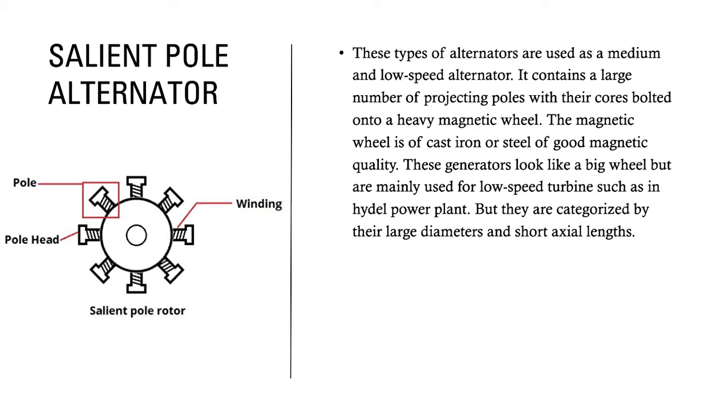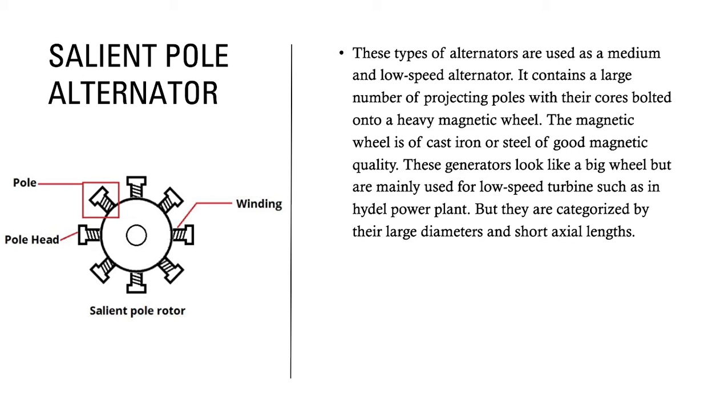So the salient pole alternator is an alternator which has poles bolted to its armature, such that the poles are fixed and have a field winding around them, so as to act as a magnetic north pole and a south pole.